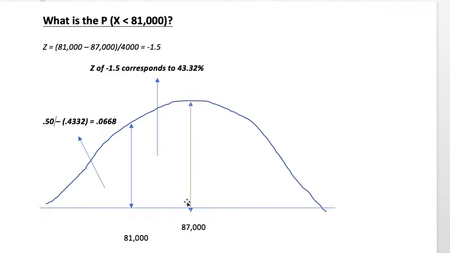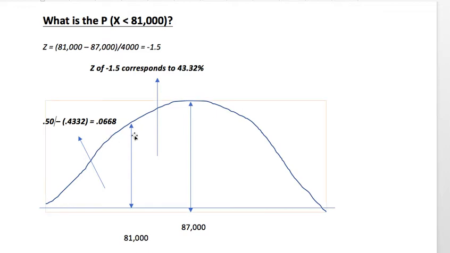So let me just repeat. We know that we go a negative 1.5 z's. That corresponds to that area, 43.32, from Table D. If we want to determine what is less than 81,000, we would simply take 0.5, since that table is dealing with half of the standard normal, minus the corresponding area of 0.4332, which gives us 6.68%.